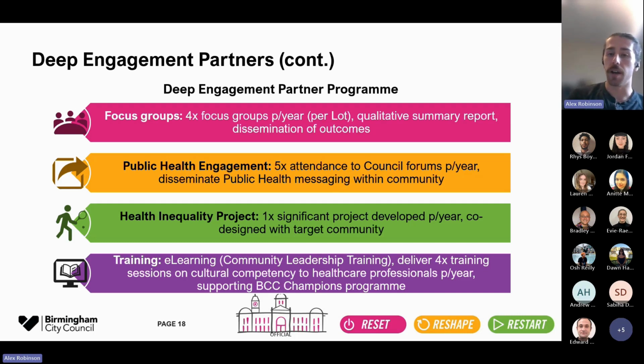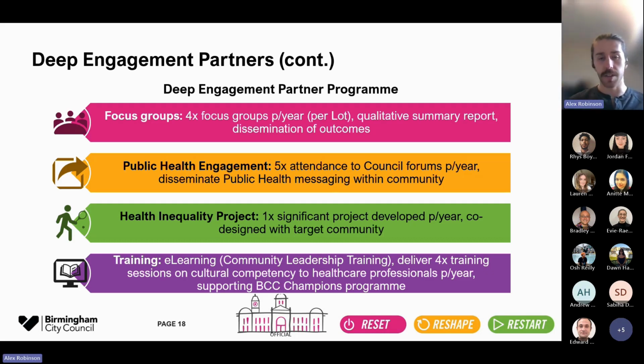They'll also deliver 4 different training sessions for healthcare professionals per year. And within all of that, we want to encourage all of the different partners to collaborate with each other, as well as other community organisations, so that they can effectively deliver these outputs in a way that considers intersectionality.